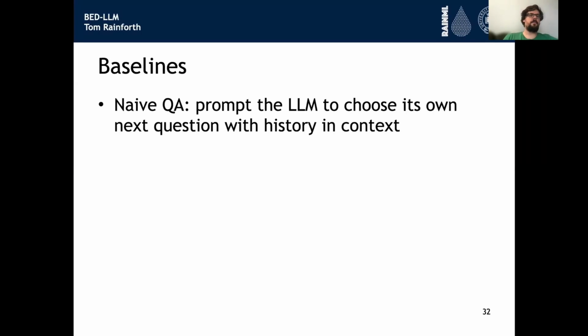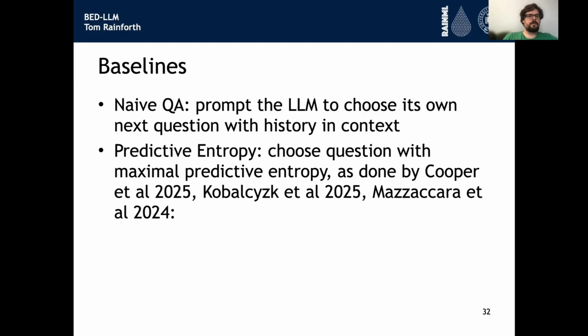So the baselines we're going to compare against are what I'll call naive QA. That is basically just using the LLM directly. So we can just ask the LLM, please choose a question given the history, like we did in the example right at the start, where we're just prompting it and asking it to give us answers. The other thing we can do is use maximum predictive entropy.